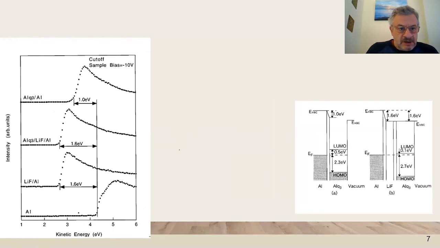Here is an example of aluminium as contact. And then Alq3 is deposited. And we can see by the position of the secondary cutoff that there is a displacement of 1 electron volt. So there is formed a 1 electron volt dipole here.